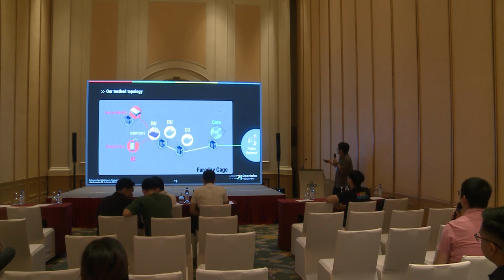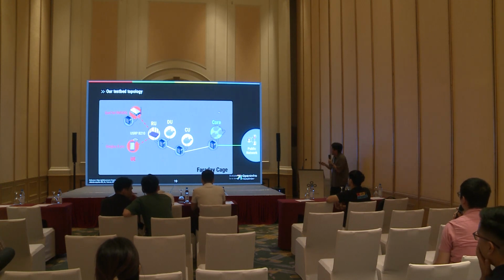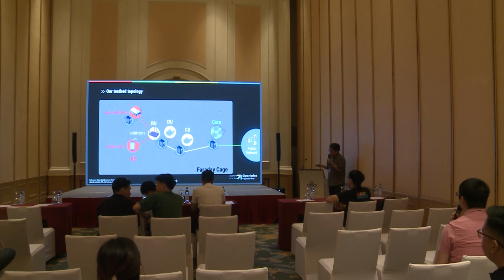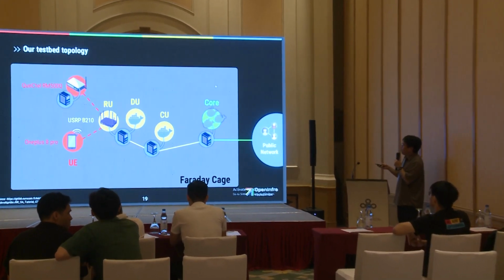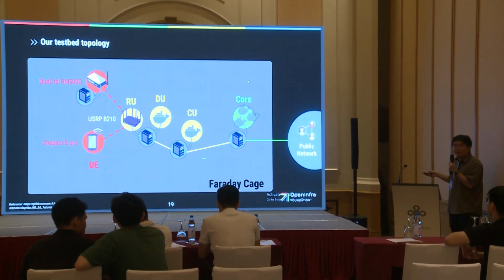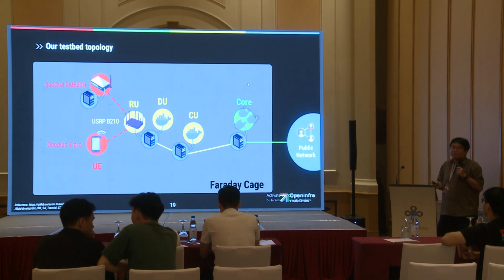The public network is just an outer network that this network connects to. If this server is connected to the outer network, you can reach the outer network.